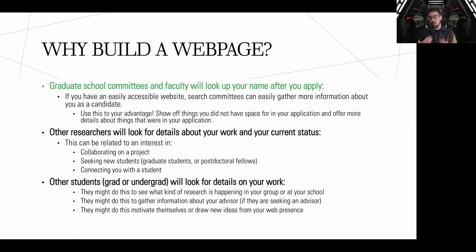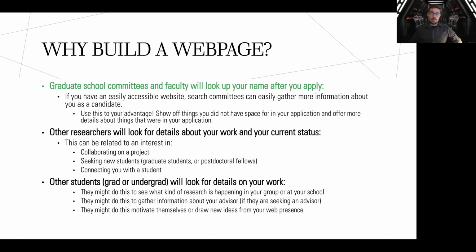And so the information on your webpage will allow them to gauge what work you're interested in, what your current status is, if you're looking for jobs. And of course, they might be looking to connect you to a student. Maybe they have a student that's working on a project that needs some help, and you have a specialty that you could help with.